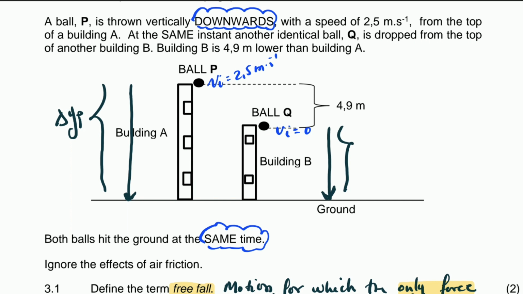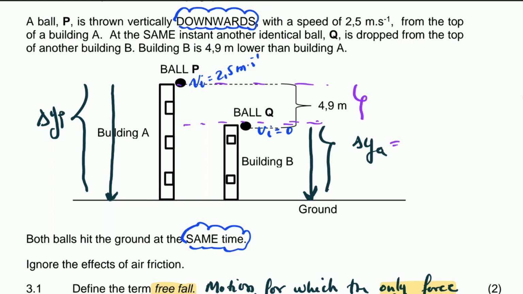So how will the displacement for Q be related to the displacement for P? The only difference is this distance here. This distance is the difference between the two displacements. So displacement for Q will be equal to displacement for P if you add the 4.9 meters. That is what I want you to know.